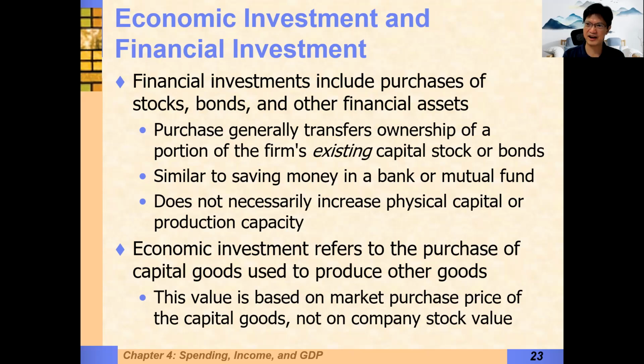Financial investment, the buying of financial assets, let's say putting money in the bank or buying stocks or bonds, for a macroeconomist counts as savings. We'll talk more about this when we talk about the financial system. So when you buy a financial asset, in normal language, we call that investment. That's financial investment, which for a macroeconomist is actually savings.